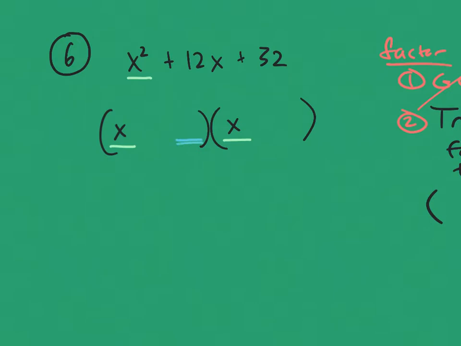And the thing that goes last in both those parentheses multiplies to be the last term there. The trick here is if the coefficient of x squared is 1, and that is important here, it's 1. If it's 1, then you want 2 things that multiply to be 32 and then also add to be 12.